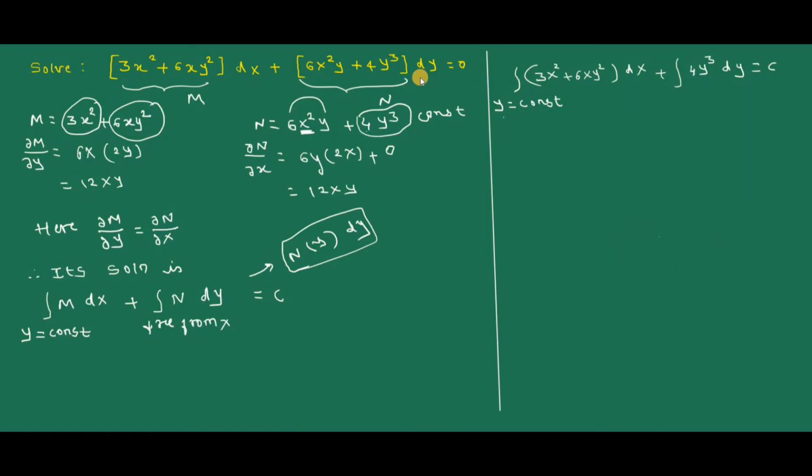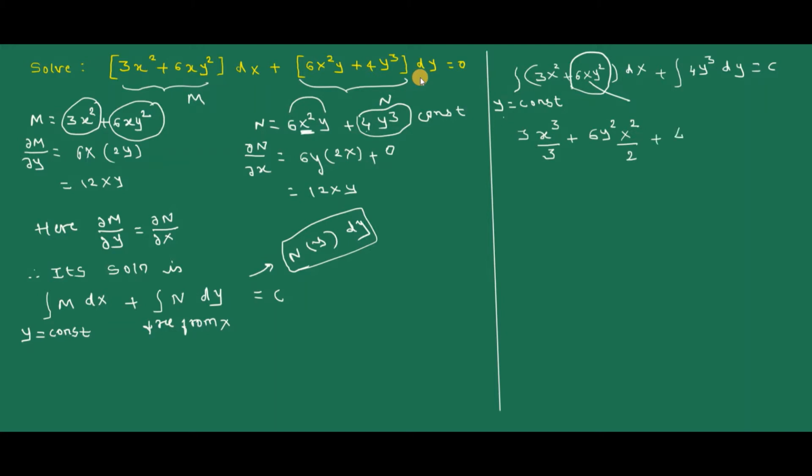Then here 3x², 3 as it is, what is the integration of x²? Integration of x² is x³ divided by 3, plus in the second term, first write down: y is constant means 6 is constant, y is constant means y² is constant, the remaining term is x, and what is the integration of x? Integration of x is x² divided by 2.